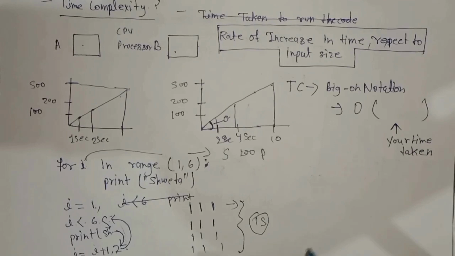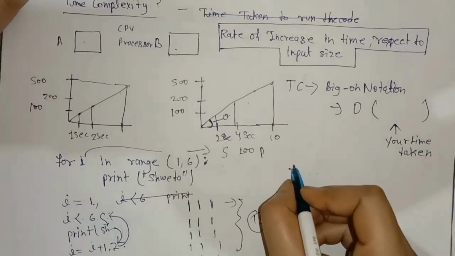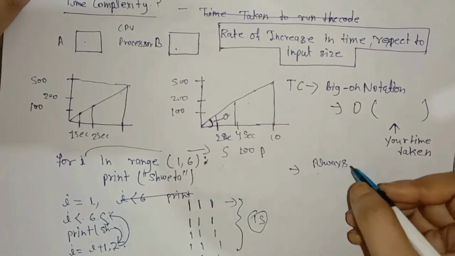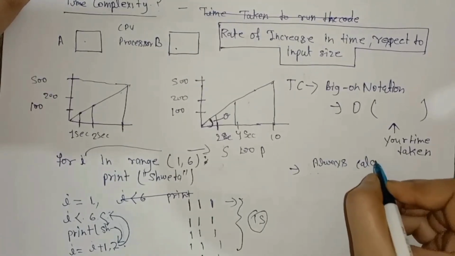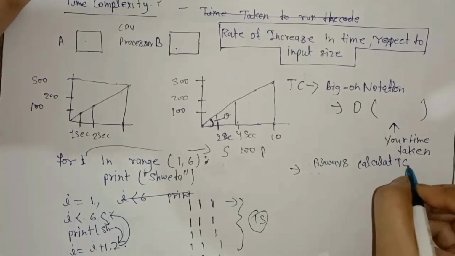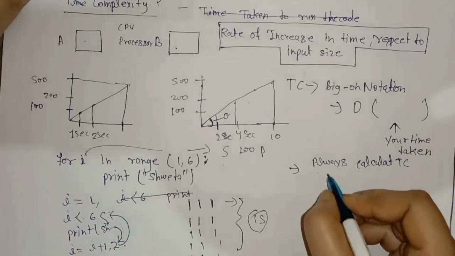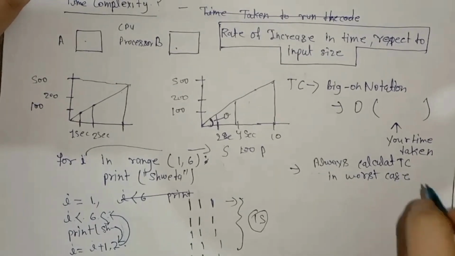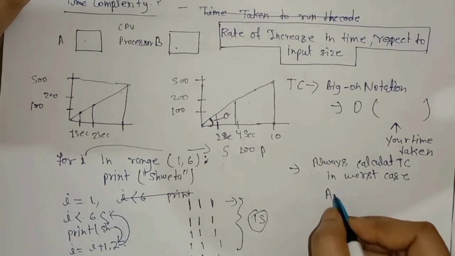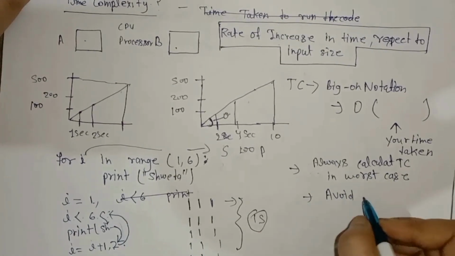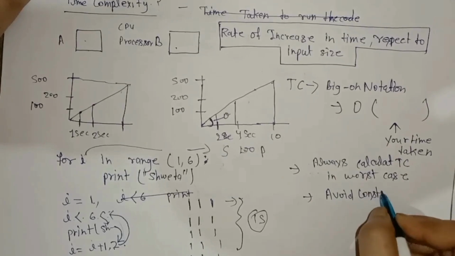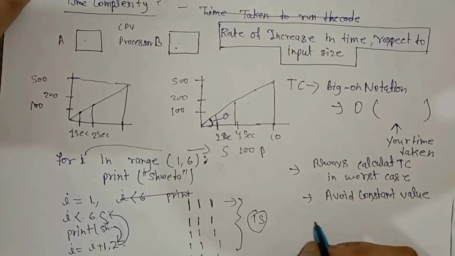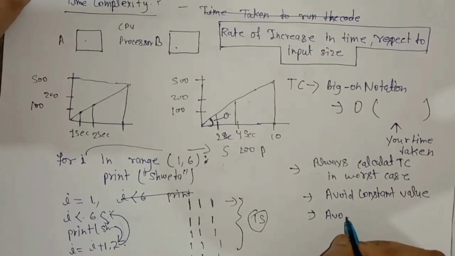There are some rules for time complexity. First, always calculate time complexity in the worst case. Second, avoid constant values, and the third one is avoid lower bound.